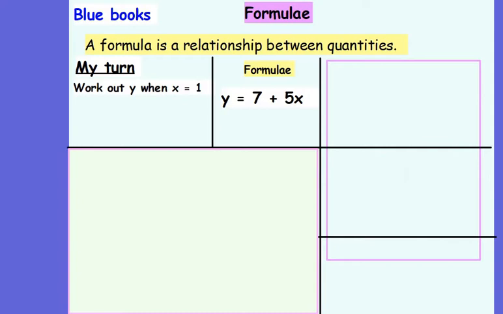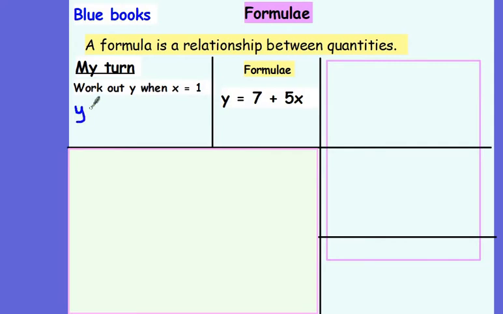So I've been given the formula y is equal to 7 plus 5x. And I've been asked to work out what y is when x is equal to 1. So every time I see an x, I need to substitute in the value of 1.